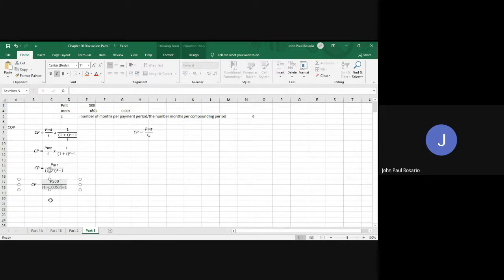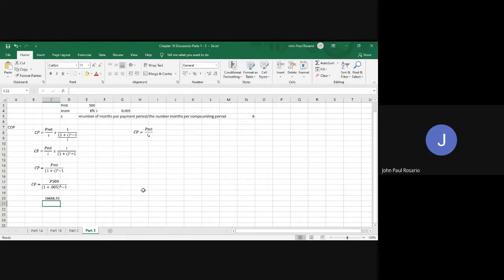So this should give us a value of 500 over 1 plus 0.005 raised to the power of 6 minus 1, which is 16,459.55.